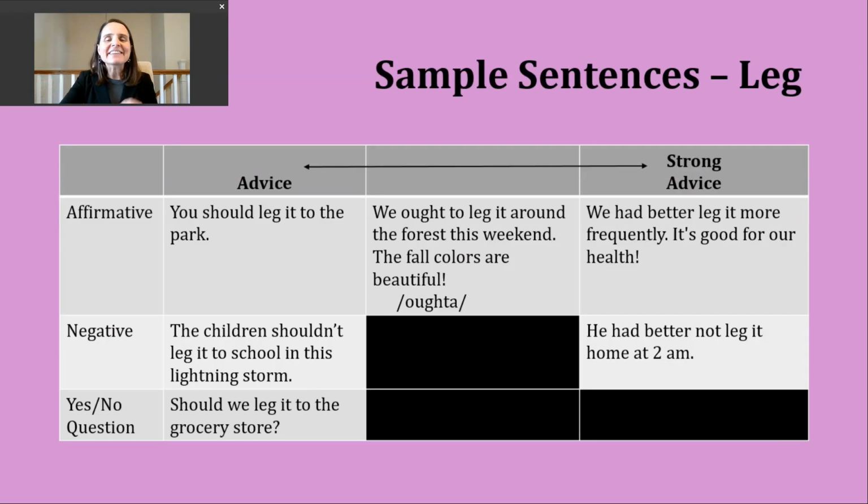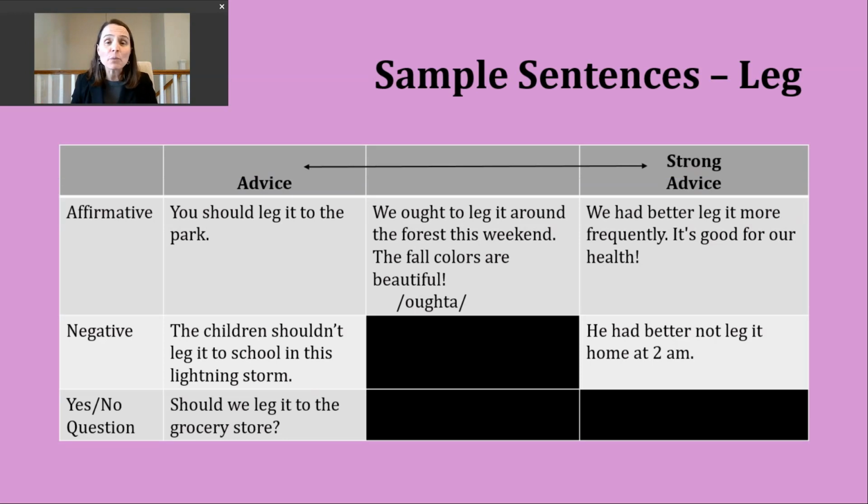So today, let's focus on using our verb of the day in a way to give advice. There are three main ways that we can give advice, and that's generally through modals or semi-modals. The first way you might hear someone give advice is with should.